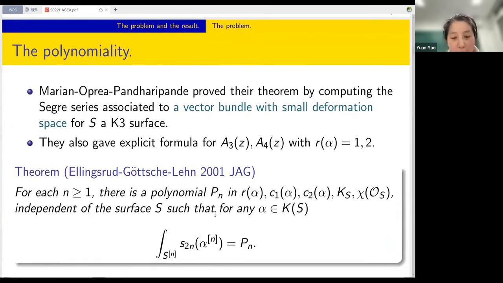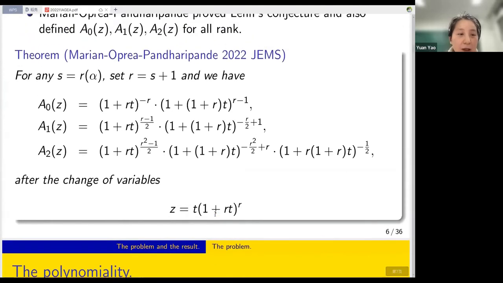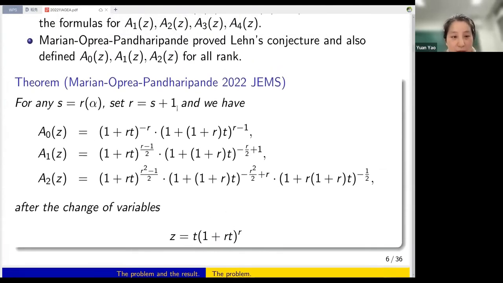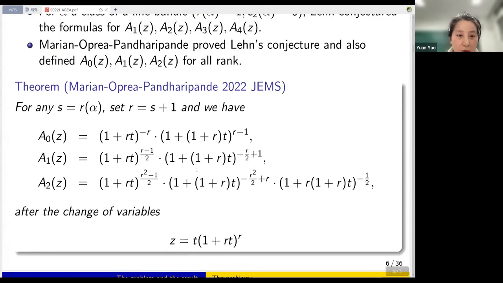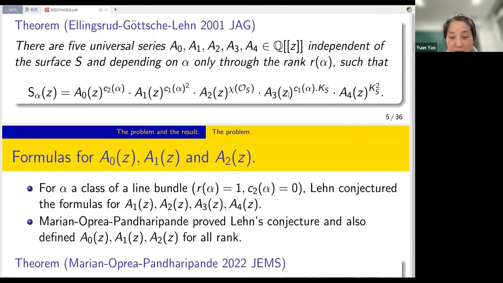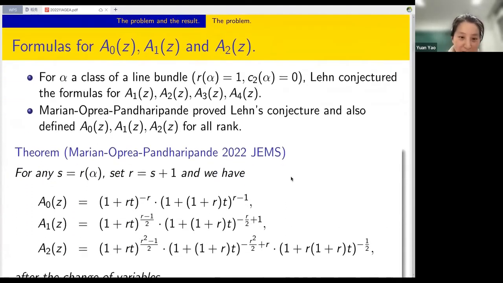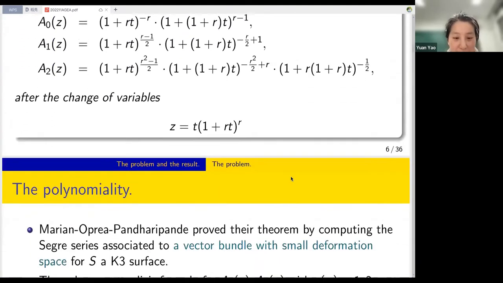I would like to talk about this polynomiality. So actually, how did Marian, Oprea, Pandharipande prove this theorem? As we can guess, since we don't have A3 and A4, probably they do something on a surface with trivial canonical line bundle. Yes, so they do something on the K3 surface.